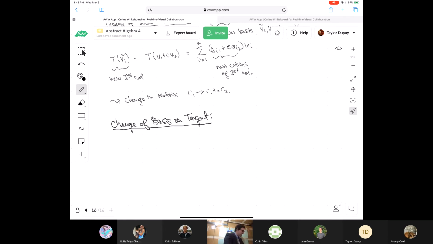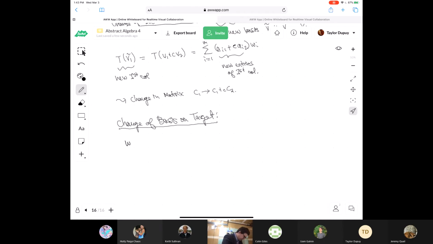To do a change of basis on the target, we'll try it out with the first thing: W1 tilde is W1 plus C W2.